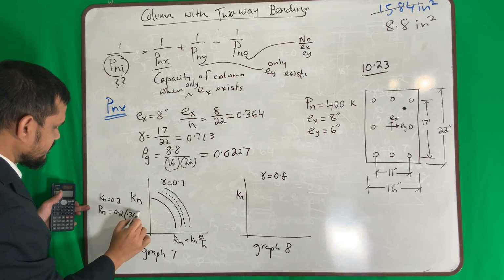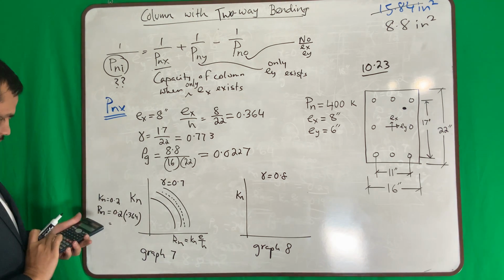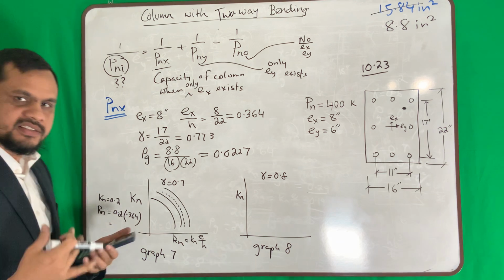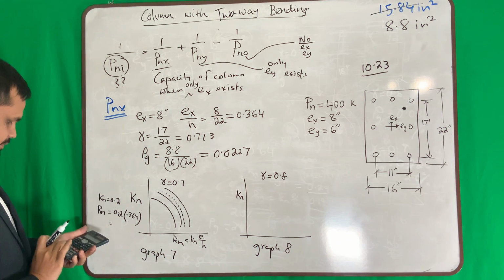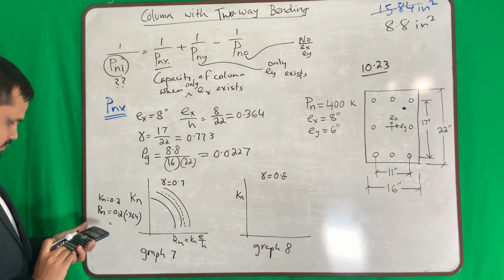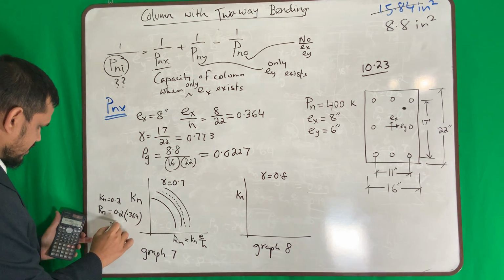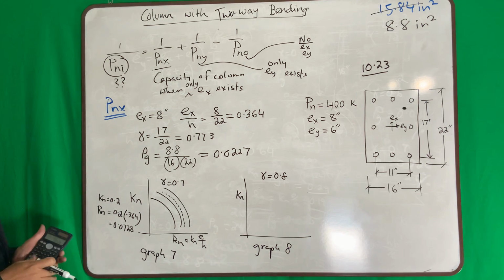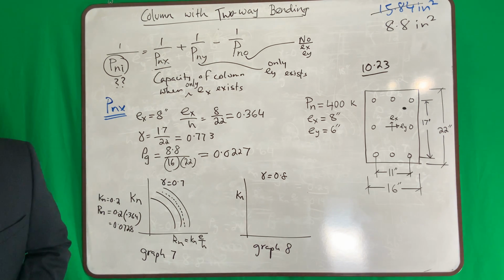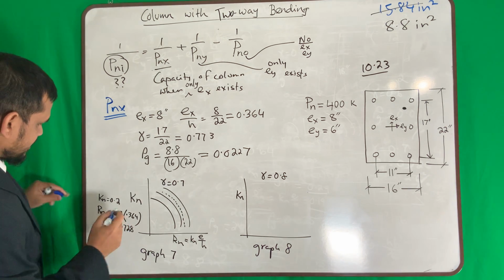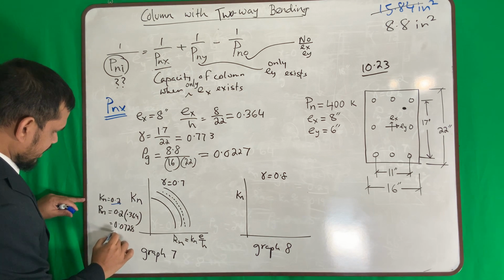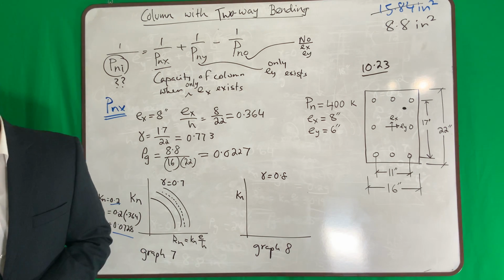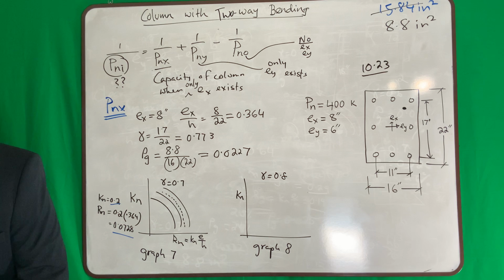Again 0.2 I just assumed. 0.2 times 0.364 is 0.0728. I got a number. Then I will plot this value: Kn 0.2, Rn 0.0728.